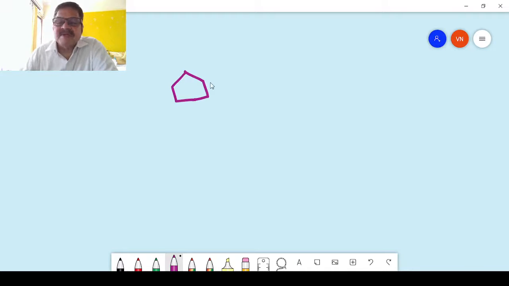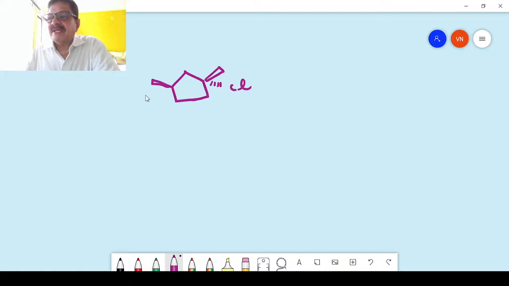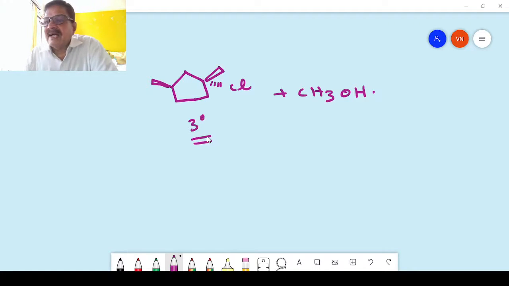Say a compound of this nature: we have a methyl group, then a chlorine, then another methyl group. It reacts with CH3OH, an alcohol. This is a tertiary alkyl halide, so it will react by the SN1 mechanism.